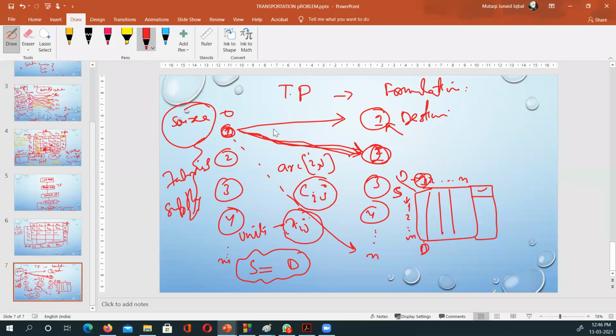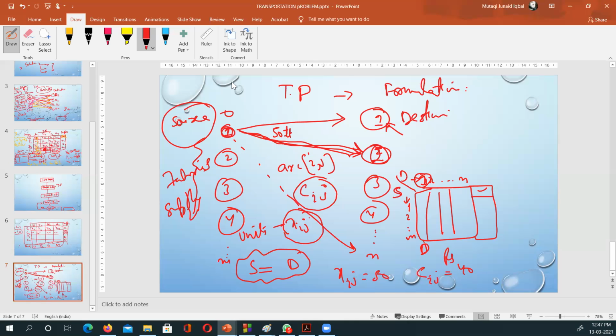Say for example, you have sent 50 liters of milk from this location to this location. So xij is 50. That means you are sending 50 liters of milk. What is the cost per liter? Say Cij is 40 rupees per liter.